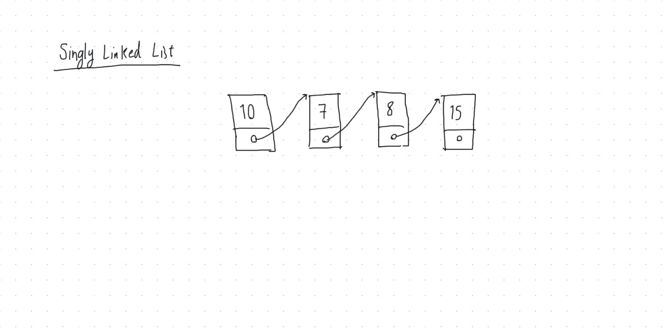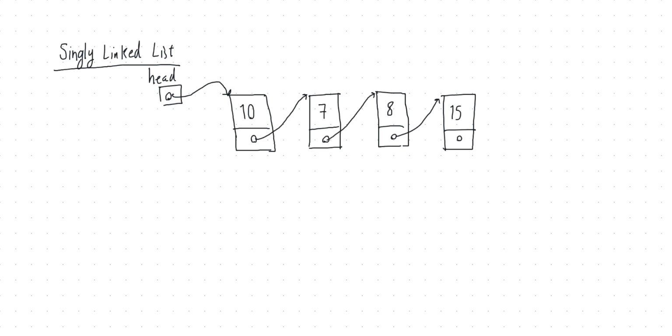Now there is a special pointer that always points to the first node of the linked list, and that is usually called head. So that's the head of the linked list, and we use the head to find out where the first node is stored in the memory. And then from there, we can find out where the second node is. From the pointer in the second node, we can find out where the third node is. Okay, so that's the overall idea.